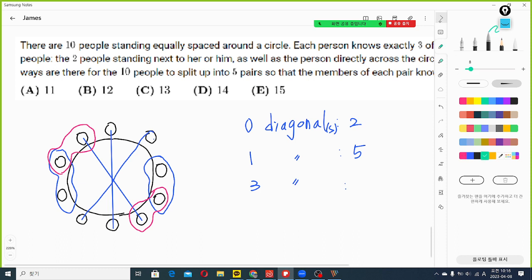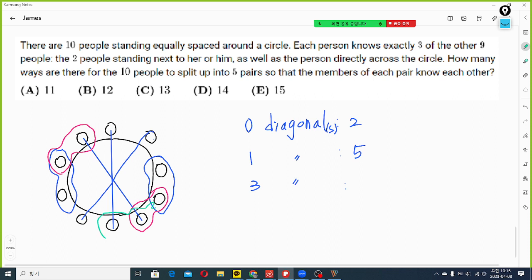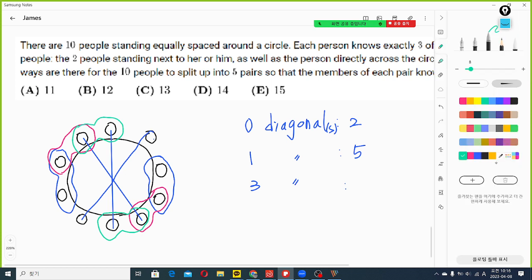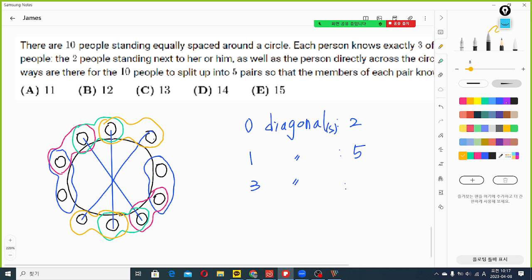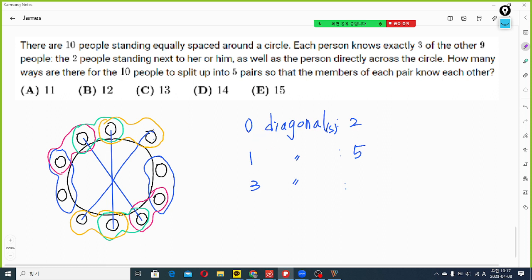So we can rotate this. Yep, so that's the movement, and then we should stop because now we reached the original pair. So how many cases are possible with the three diagonals?